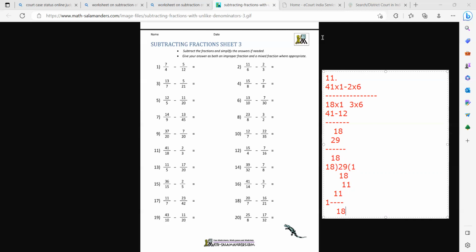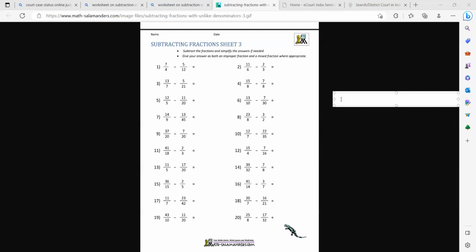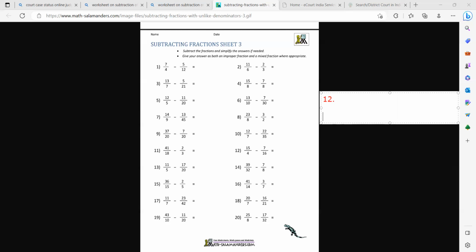Now pause my video. Give your own answer, then check it with mine. Number 12. What we need to do? We need to first find out the LCM. The LCM will be 16. So if the LCM is 16, then 4 into 4 is 16. And 15 into 4, minus what we have? 7 into 1.